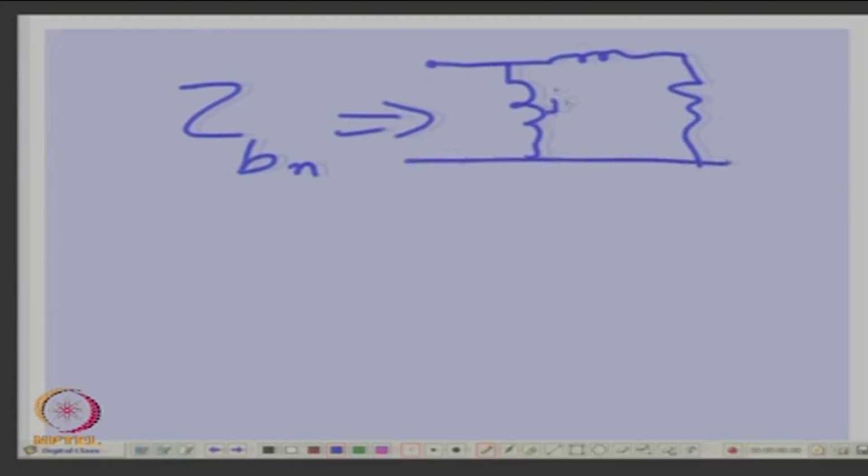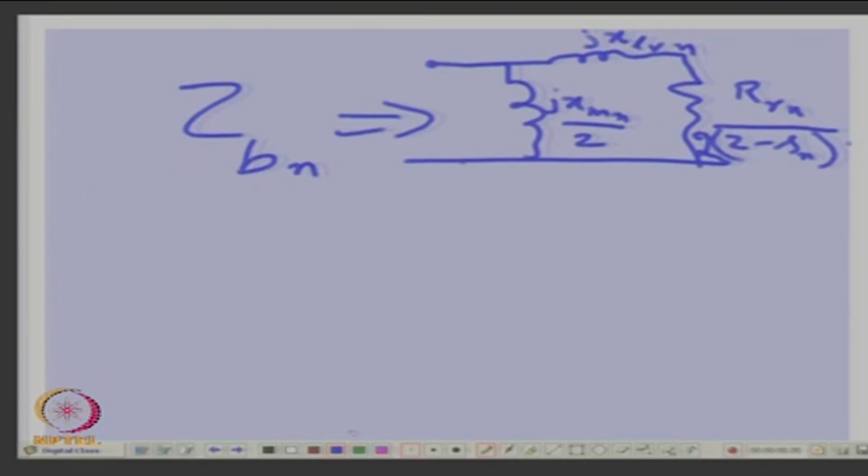It will have jX_m for nth harmonic by 2, then jX_Lr for nth harmonic, and it will be R_r for nth harmonic divided by 2 minus S_n. This is also important, Z_Bn.